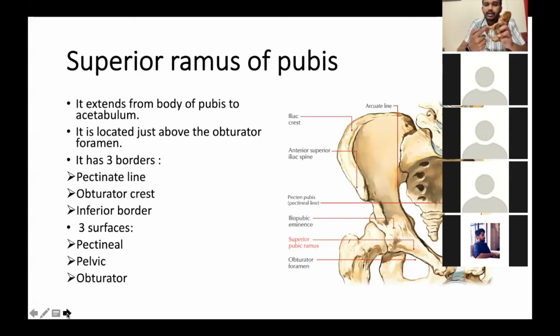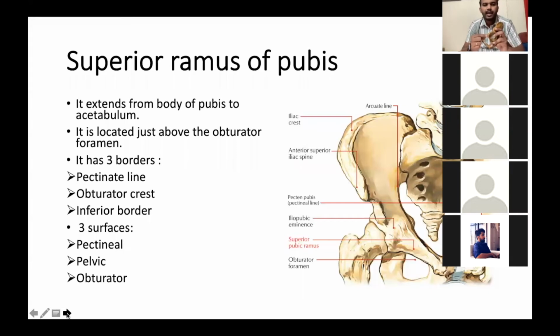Now what is the superior ramus? The superior ramus extends from the body of the pubis. So it is extending from the body of the pubis, or not? Yes, sir. It is extending from the body of the pubis to what? What is this? Acetabular fossa, acetabulum. Exactly. So the superior ramus is extending from the body of the pubis up to the acetabulum.